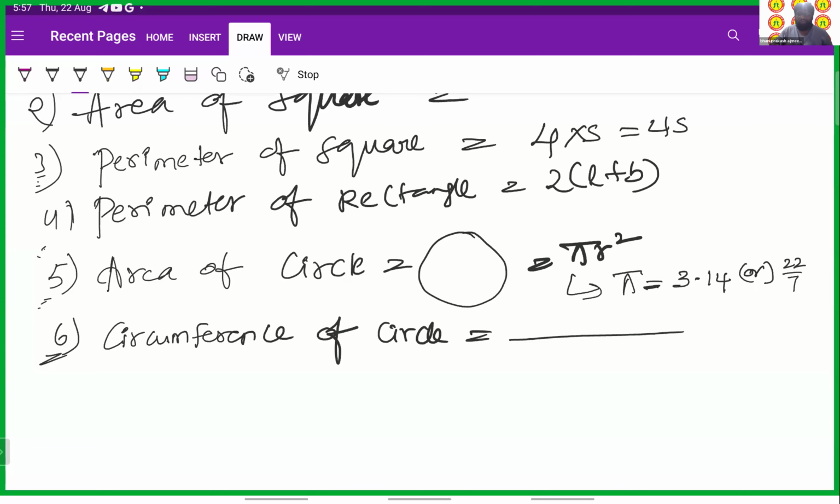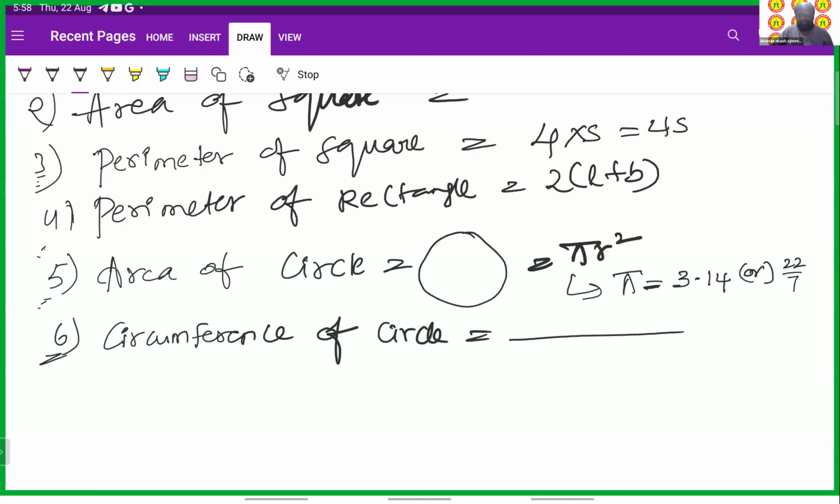What is the diameter? The diameter is like the line across a circle.